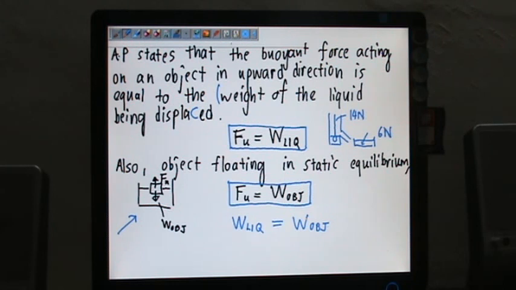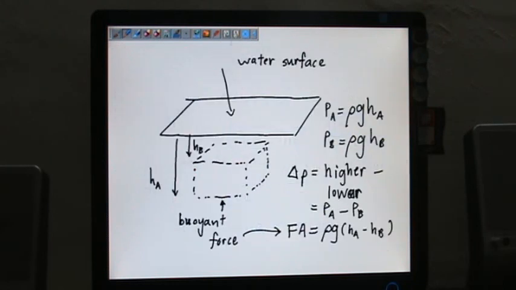So the next step is we want to find out what we can derive from here. Okay, we use another blank page. So we have W obj equals W liq.